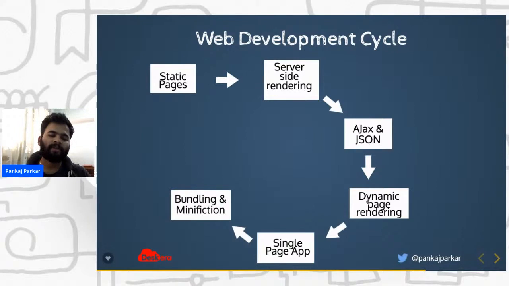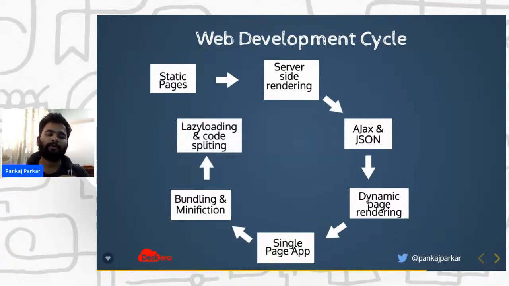And for solving some of the issues, we used bundling and minification. And after that, to make it more performant, we used lazy loading and code splitting to make it much better. And later on, we again came back to the same point where we thought server side rendering is our way to go.